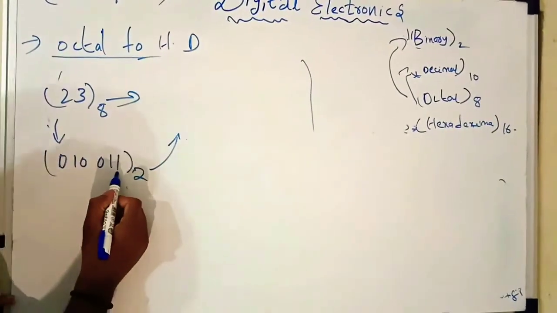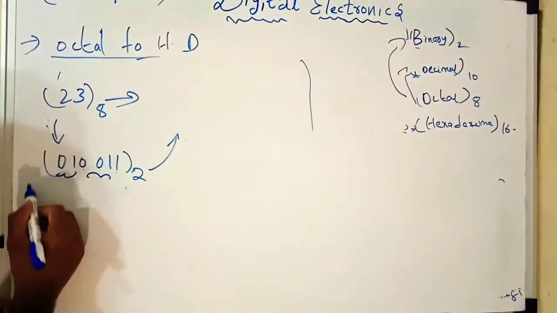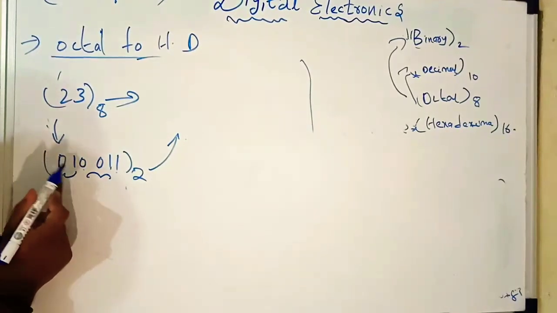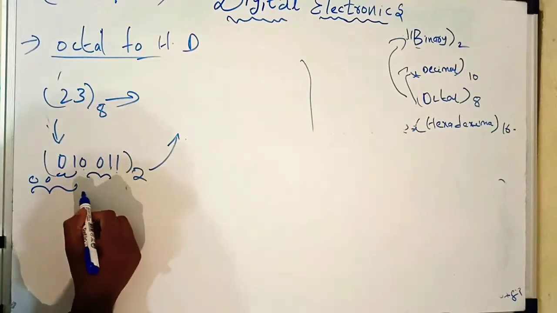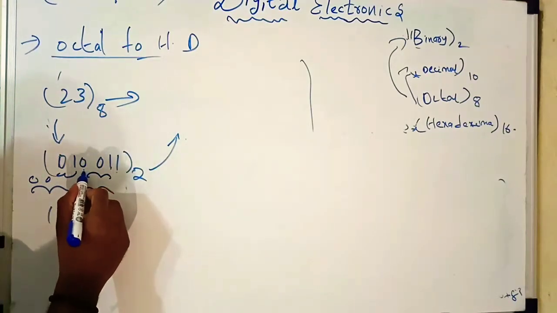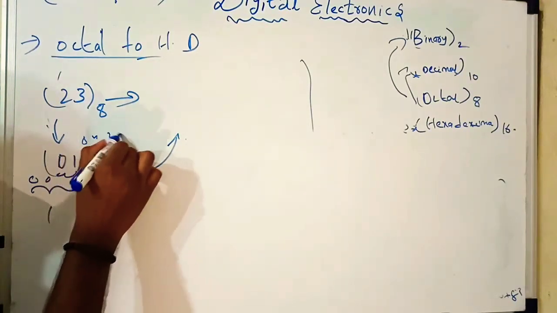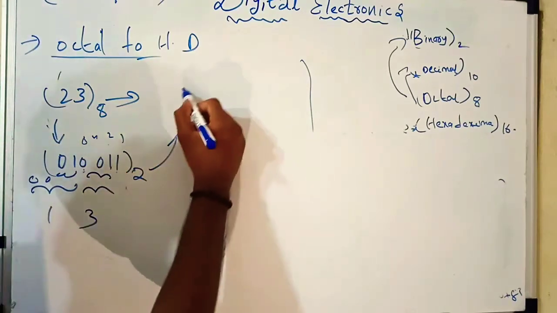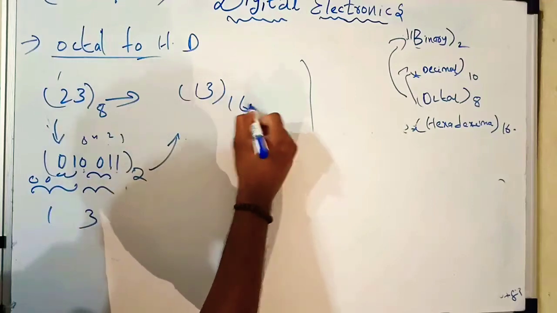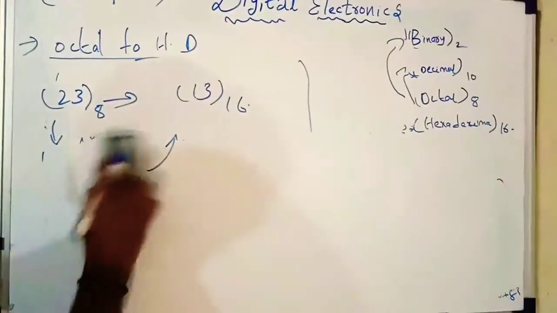So take 4 bits here, 1 2 3 4. Here we have no bits before this 0, so add 2 zeros. This is 4 bits and this is 4 bits. This is 8 4 2 1. Here only these bits are 1, so 2 plus 1 is 3. So this is 13 in hexadecimal.